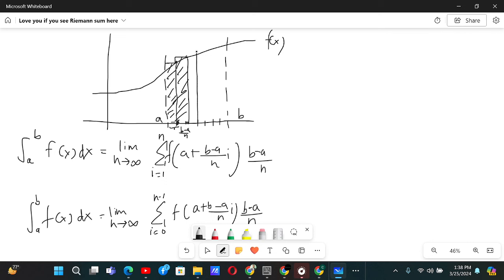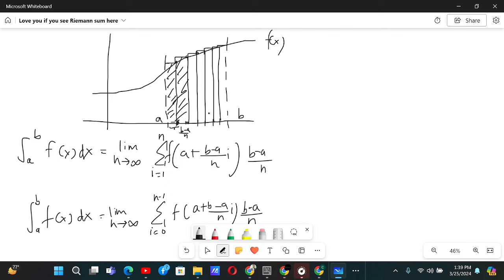Again, the other one gives this area, the other one gives this area, the other gives this area. That's slightly incorrect. Yeah, this area, and then this one.